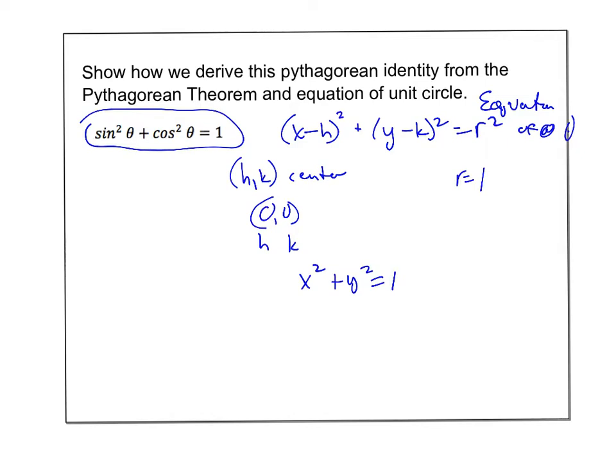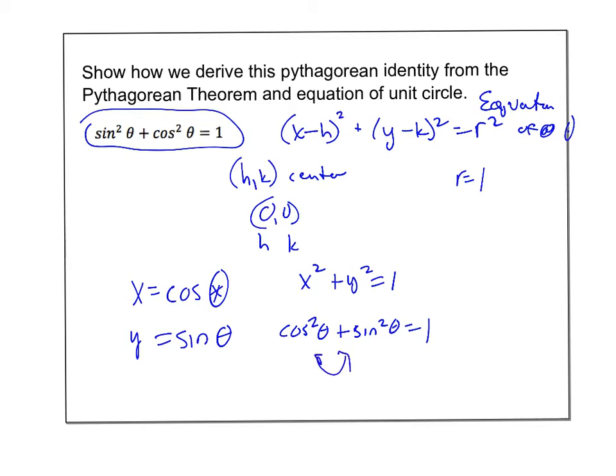Except we know in our unit circle that x is our cosine and y is our sine. Let's not use x, let's use theta. So I'm really saying cosine squared of theta plus sine squared of theta equals 1. Then all I do is flip those two because I can do that.